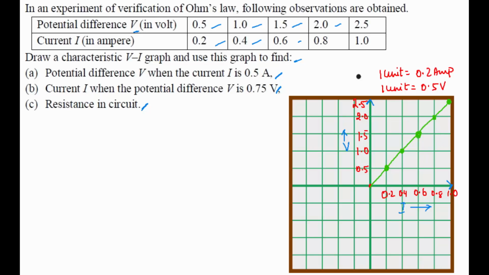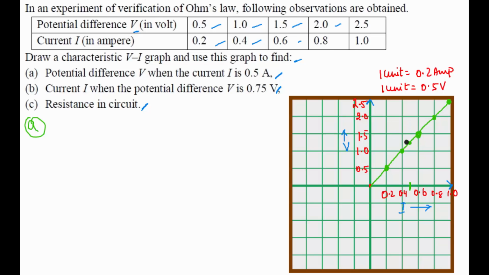Now what we need to find out? First question, potential difference V when current I is 0.5 amperes. 0.5 amperes will be exactly at the center of these 2 points, right? 0.4 and 0.6. So it will be somewhere here, this point.